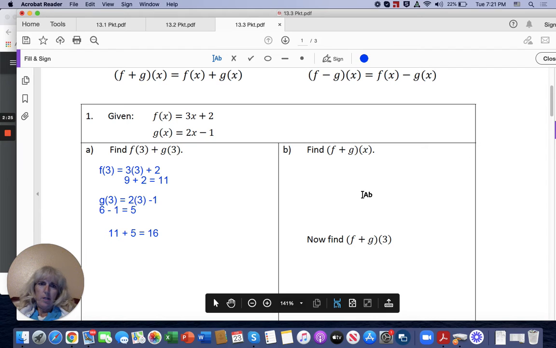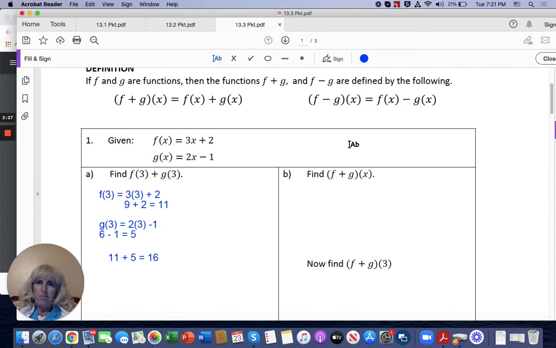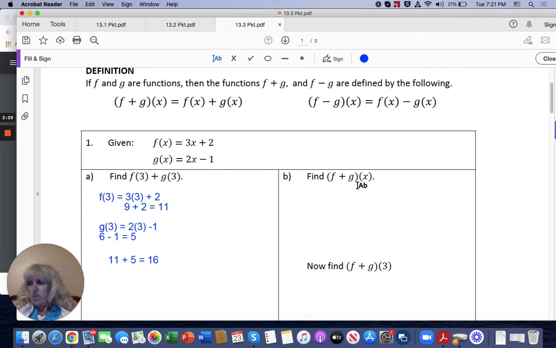So now we're going to go over here and we're going to find f plus g of x. So what we have to do there is we take the function of f here and the function of g and we're going to combine them. So we're going to set it up like an addition problem. So we get 3x plus 2, and I'm going to put plus 2x minus 1.